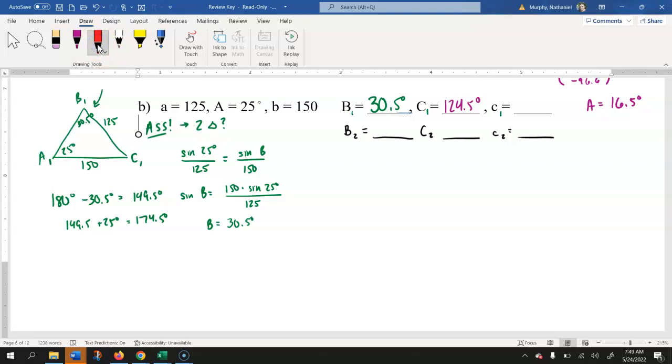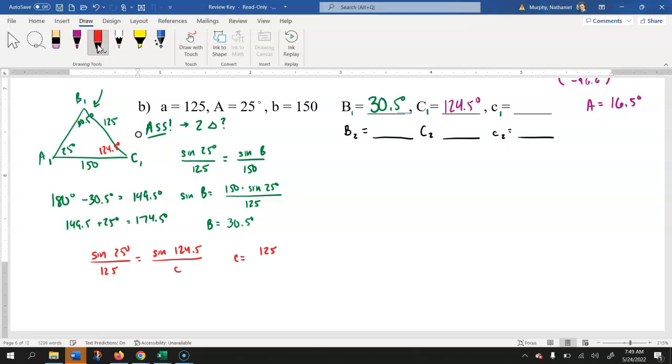So to find side C, we can continue using our law of sines there. So we know that this one's 124.5 degrees. We can use an angle and a side across from it. So let's do sine of 25 degrees over the side across from it, which is 125, is proportional to the sine of 124.5 over side C. So to find side C, I'm going to cross multiply.